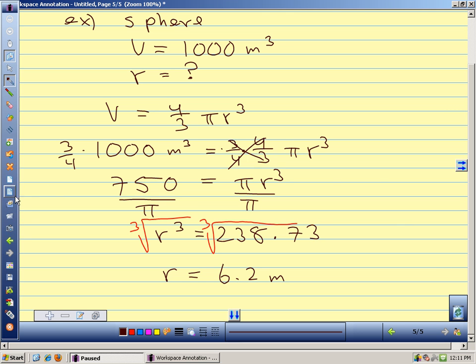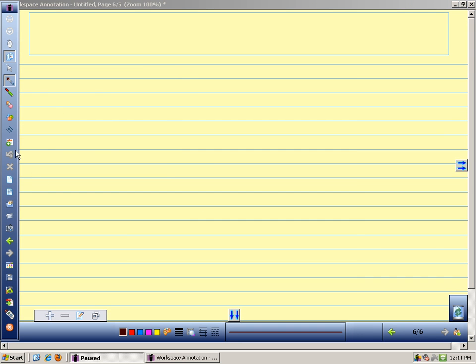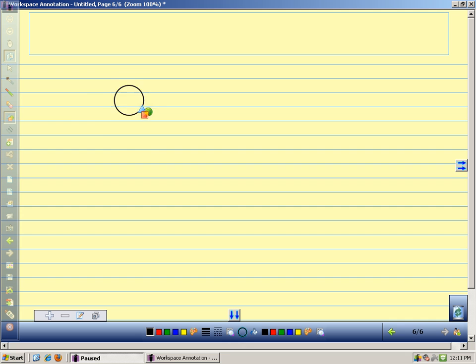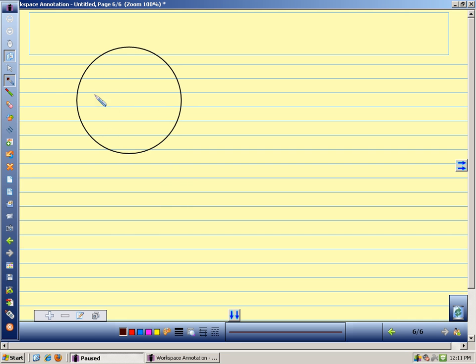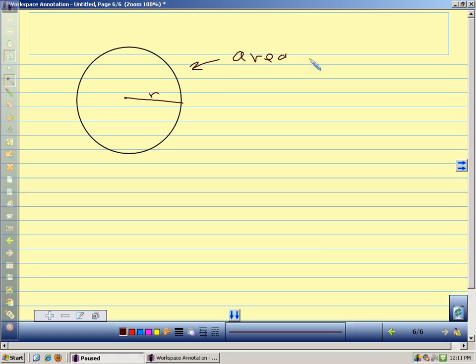Okay, one other thing that comes up in your homework. If I have a circle, and I know the area of the circle, how do I find the radius? Let's say the area equals 200 square units.